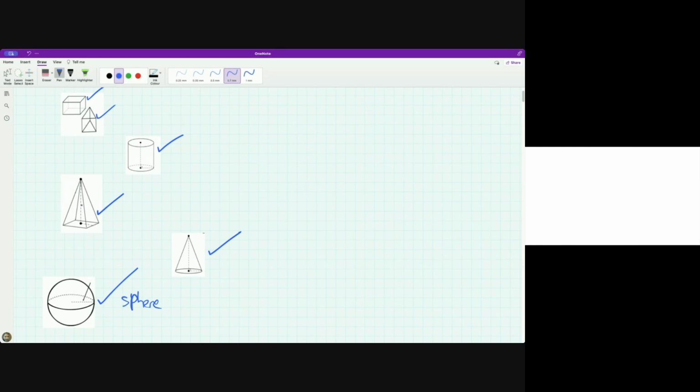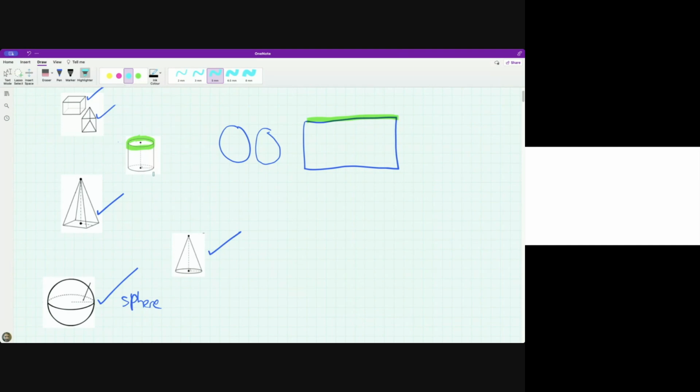If I look at the cylinder, it is based on a circle, but if I have to do the surface area, it's actually two circles and a rectangle. And if I look at the shape, this thing along the top is actually the one length of the rectangle, and this thing over here is the other length of the rectangle.